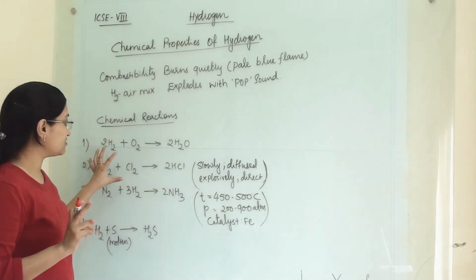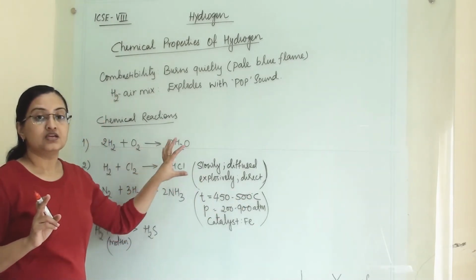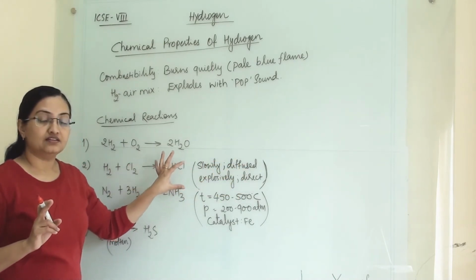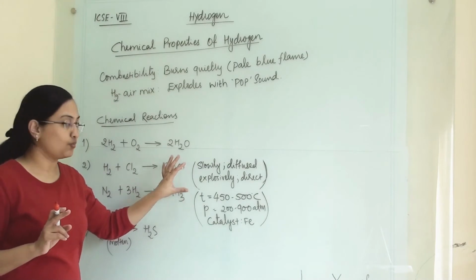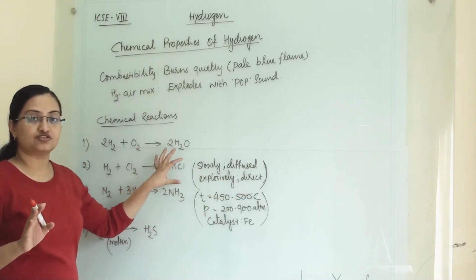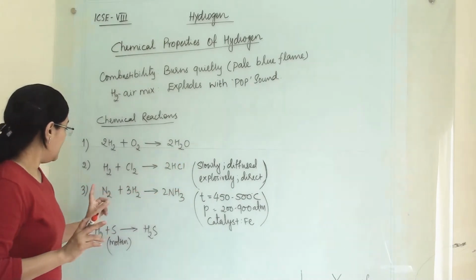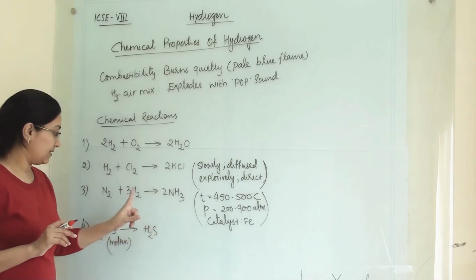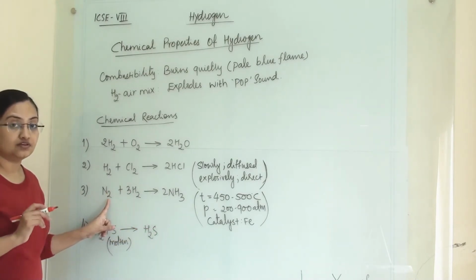So this reaction is catalyzed by sunlight. If it is diffused, then the reaction rate will be slow. But when direct sunlight is there, then this reaction will be explosive. Then in the third reaction, hydrogen will form ammonia when it reacts with nitrogen gas.